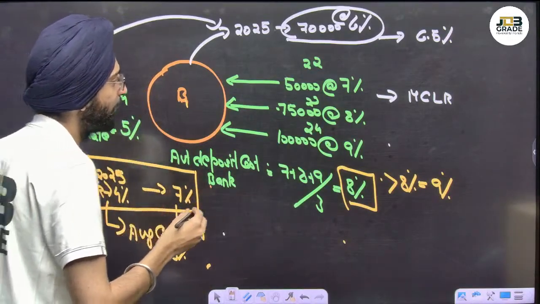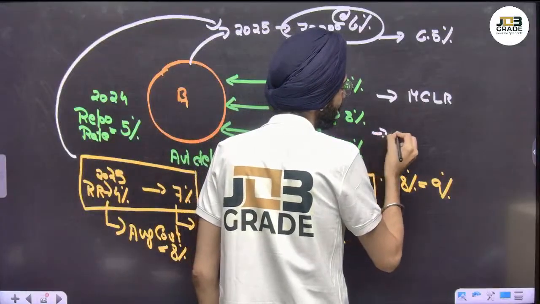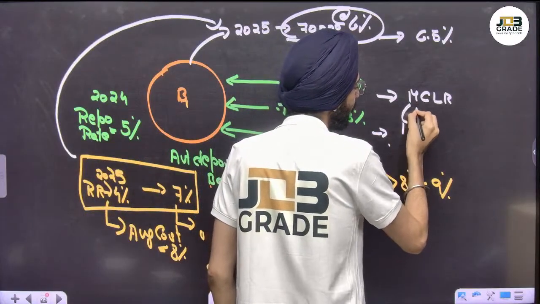This MCLR is also called an anchor rate.